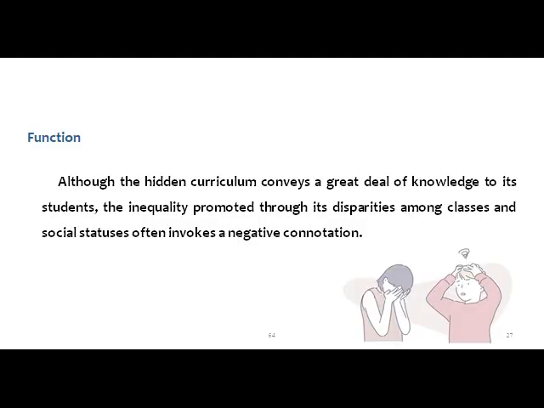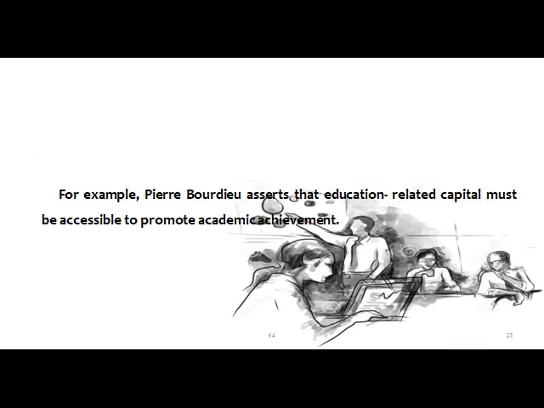Function. Although the hidden curriculum conveys a great deal of knowledge to its students, the inequality promoted through its disparities among classes and social statuses often invokes a negative connotation. For example, Pierre Bourdieu asserts that education-related capital must be accessible to promote academic achievement.